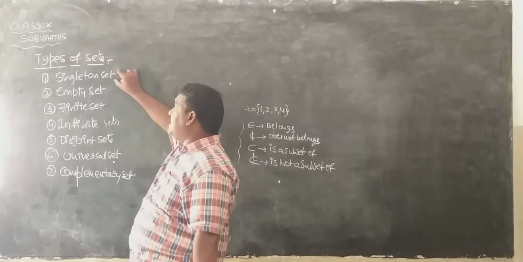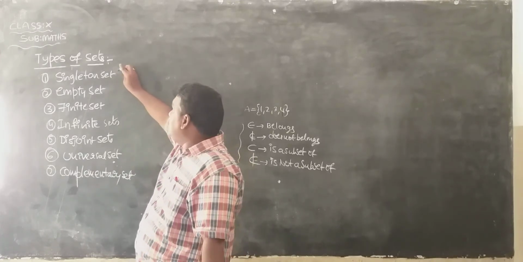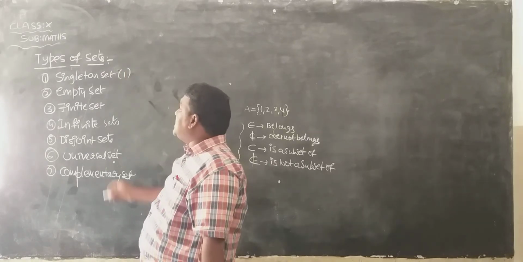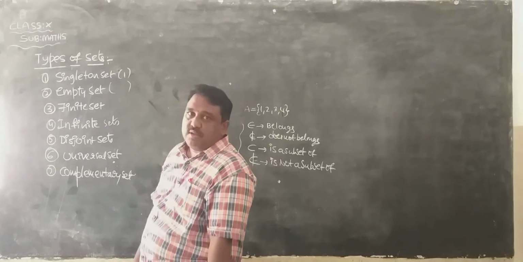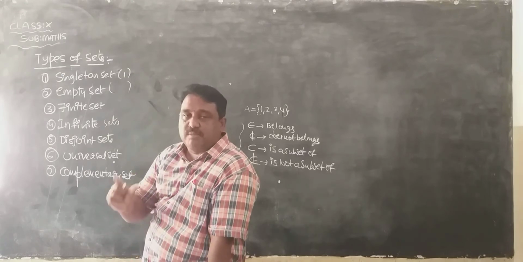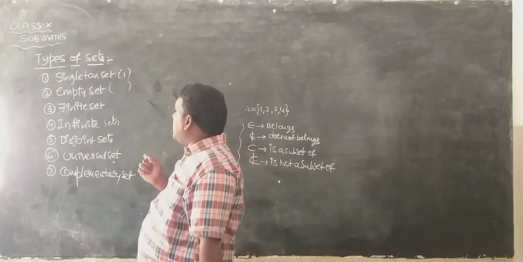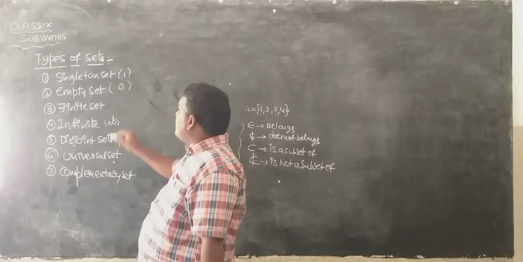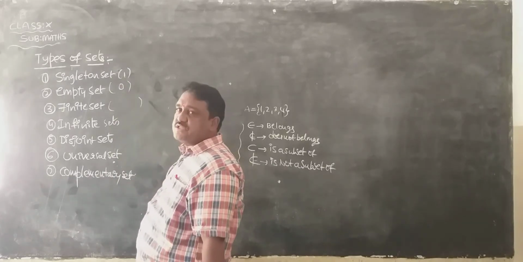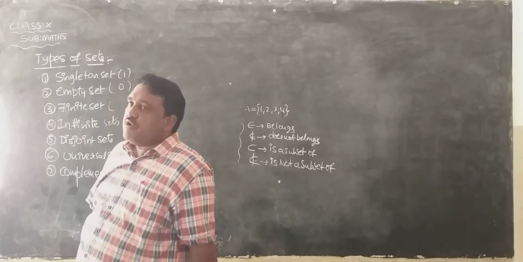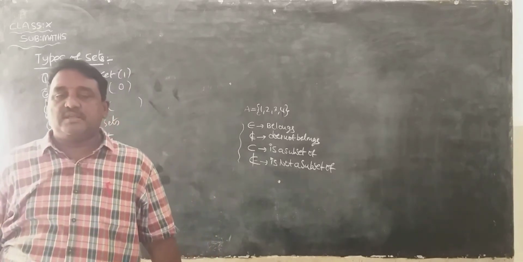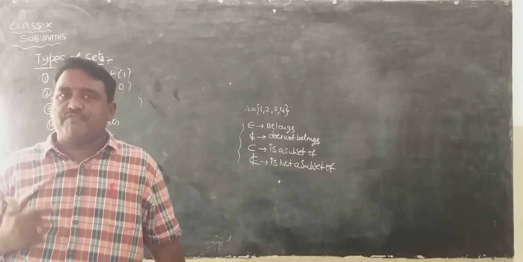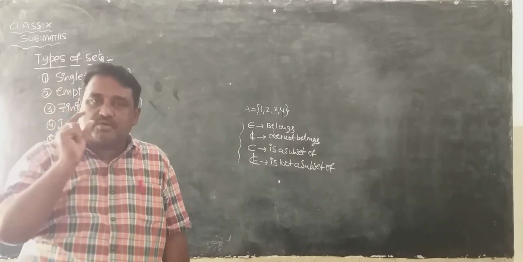First one is singleton set. Single means one. Second one, empty set. Empty means no. Generally, a set contains elements, but here empty means no elements, so 0. Finite set means a countable number of elements. Later we will see briefly about types of sets.